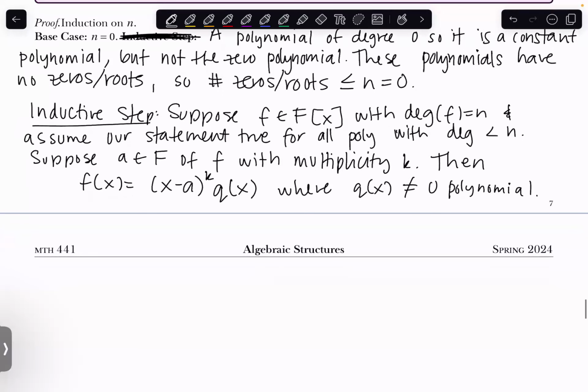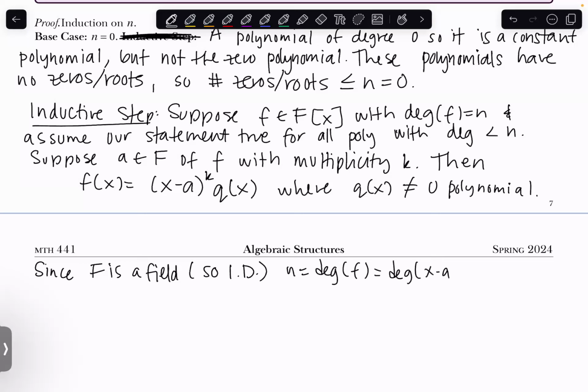And because we're working with a field here, this is an integral domain. We're able to talk about the degree of f in terms of the degree of the factors. So since F is a field, so it's an integral domain, we know that the degree of f, which is n, is exactly the same as the degree of x minus a to the k times q.